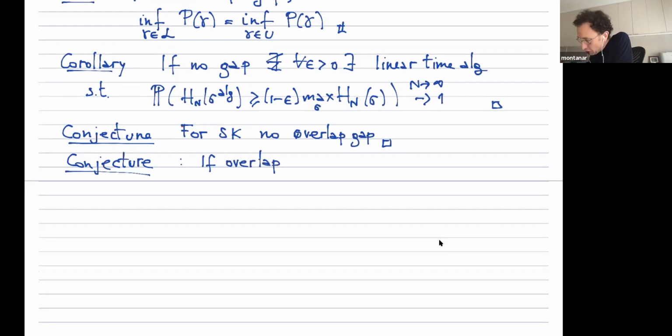And to this conjecture, there is partial evidence coming from the analysis of other algorithms as well.